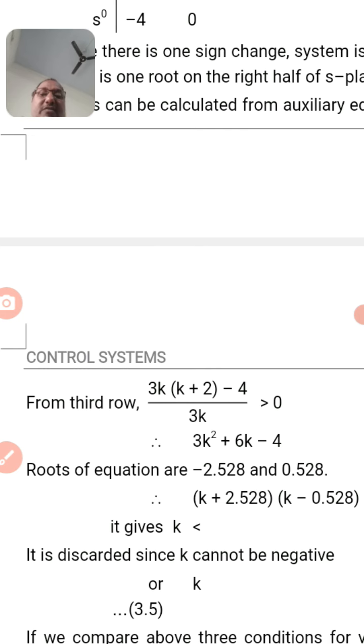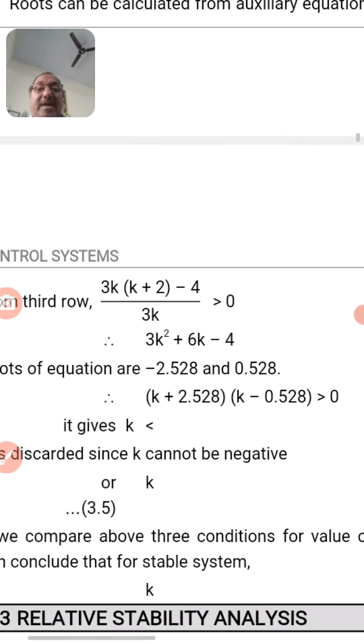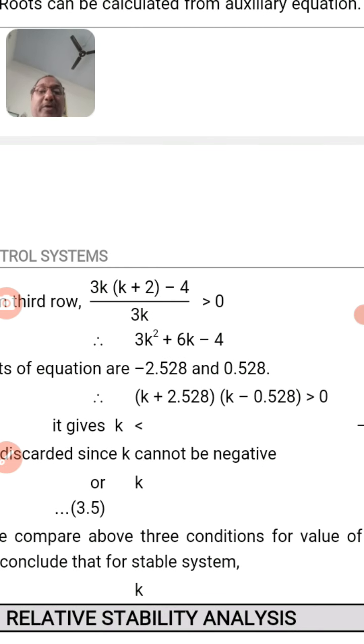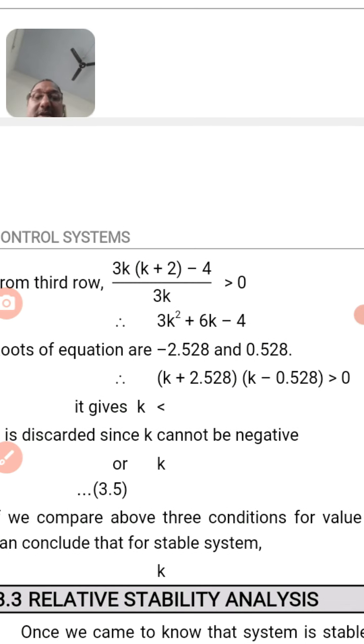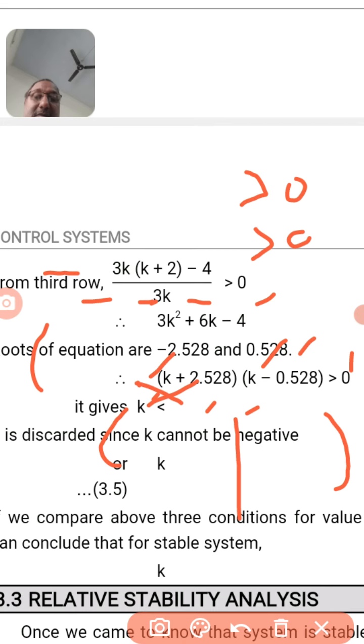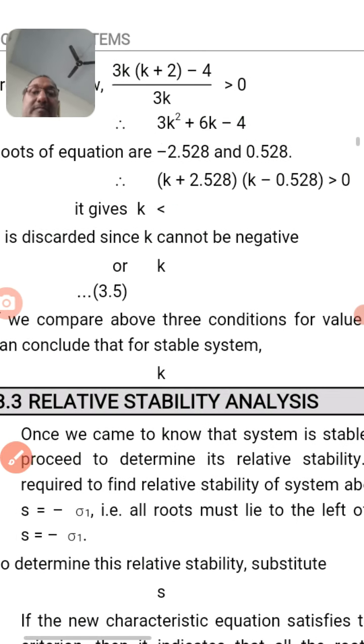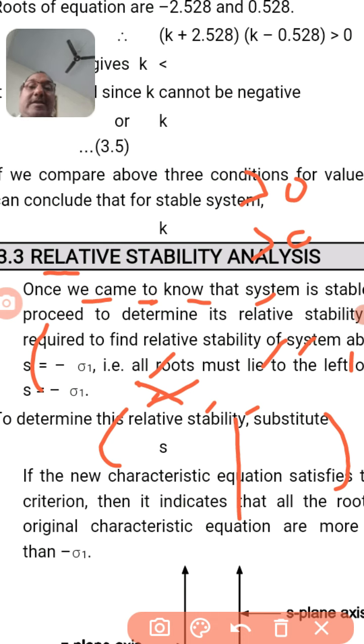Finding roots of this equation we get minus 2.5 and 0.5, (k plus 2.5) into (k minus 0.5), which gives that k is less than minus 2.5 and k is greater than 0.5. K is greater than this.